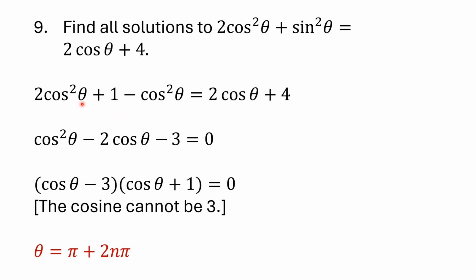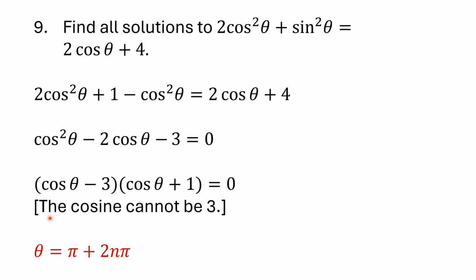So 2 cosine squared theta plus 1 minus cosine squared theta equals 2 cosine theta plus 4. Combining like terms, I get cosine squared theta, and bringing things to one side, minus 2 cosine theta, and this becomes 1 minus 4, negative 3, equals 0. So we're going to factor: cosine theta minus 3 and cosine theta plus 1 equals 0.